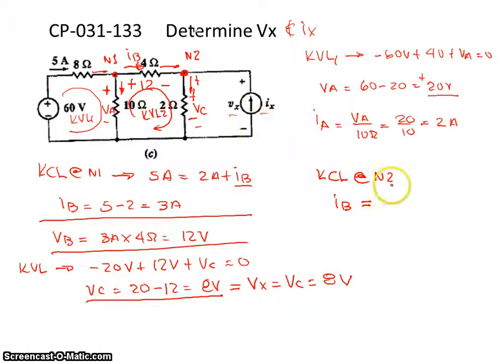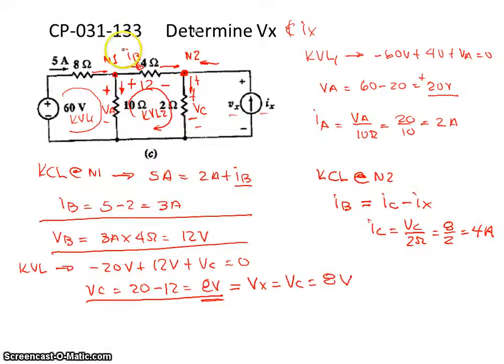We haven't found that current, so let's call it current I sub c, and then we see that this current is coming in, so it's going to be minus I sub x. But what is current I sub c? Well, I sub c is this voltage v sub c divided by 2 ohms, and voltage v sub c, if you remember, was equal to 8 volts, so 8 divided by 2 is 4 amps.